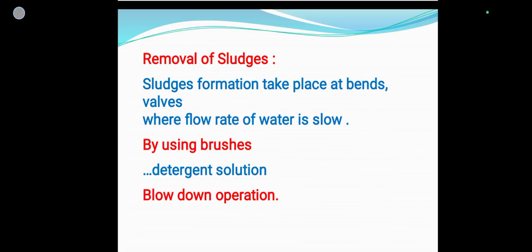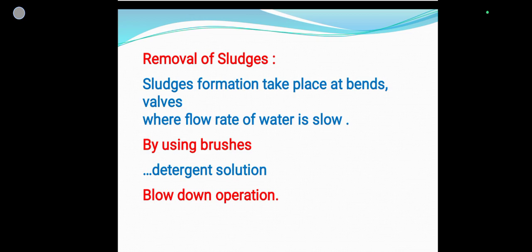In that area sludge gets deposited, right? Why especially the area where the flow rate of water is slow? Because sludge itself is loose and slimy. And it especially forms in the area where bends are there, valves are there.